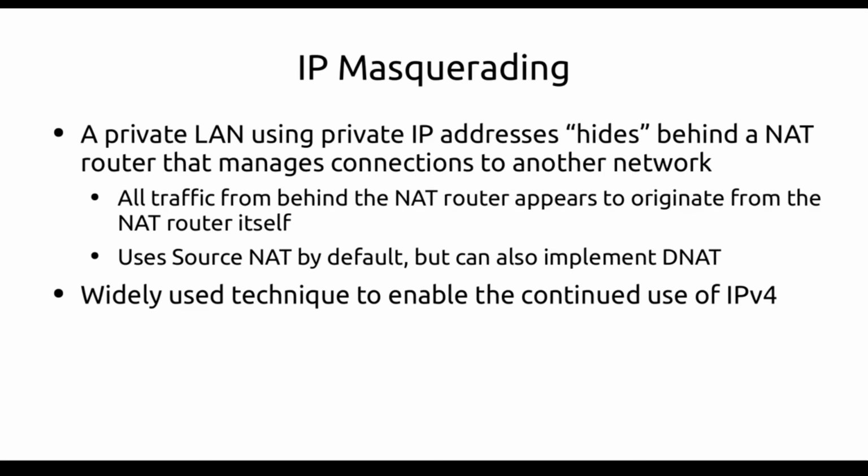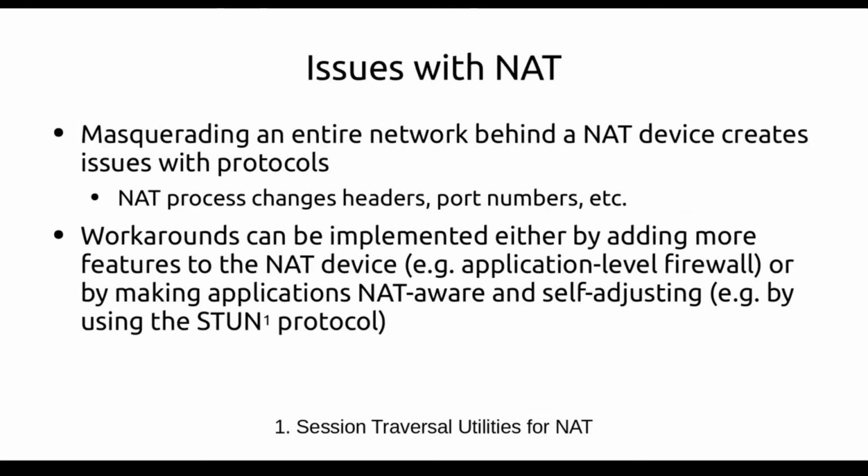As you might expect, though, this does cause some issues. When you're masquerading an entire network behind a NAT, that creates some problems with the protocols because a lot of network protocols are designed to be end-to-end. They're not designed to have their headers, port numbers, and other information changed while the packets are in flight. So there are some workarounds that can be implemented.